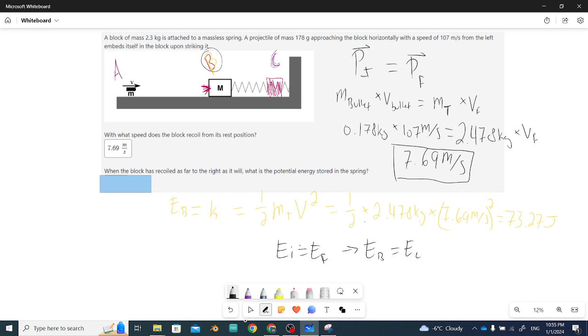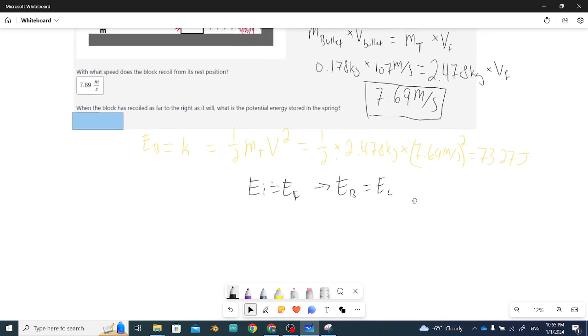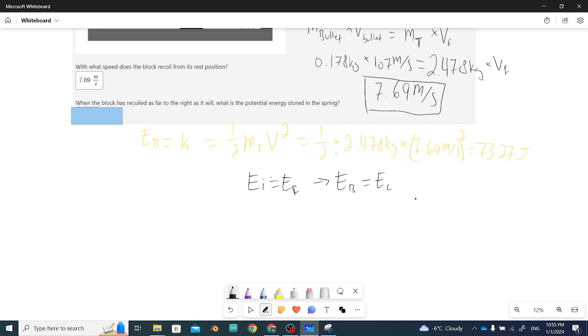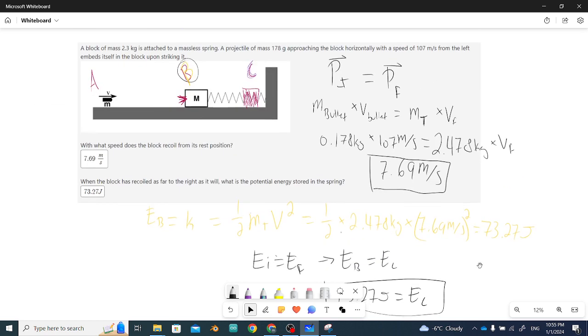As the spring compresses, the kinetic energy is gradually converted into potential energy. So 73.27 joules is going to be equal to energy at C. And that's basically all we need to do. Since everything at C is just potential energy, this answers the question. So let's have a look. And yeah, that's how you solve this problem.